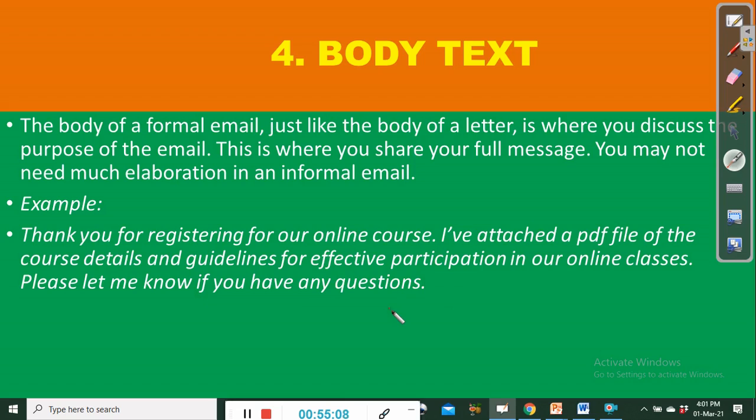You see, so this email actually discusses the purpose, which is to thank the new customer for registering for the online course and then giving some information to the customer that will enable them to really participate effectively in the online classes, and also asking them to let you know if they have any questions. So that is the kind of thing that an email is used to accomplish.